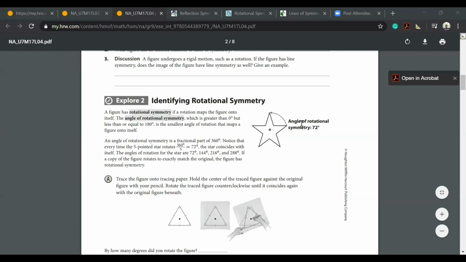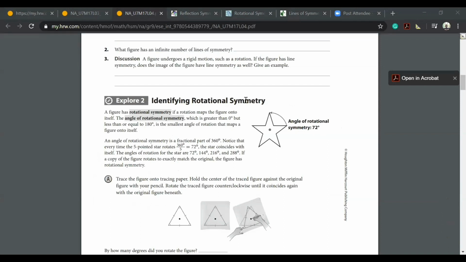I will tell you a very easy trick. Most of the time, for an object to have a rotational symmetry, it should have all sides equal. All parts of the body should be equal. Like in here, this star is a regular star, and this part is the same as this, as this, as this.